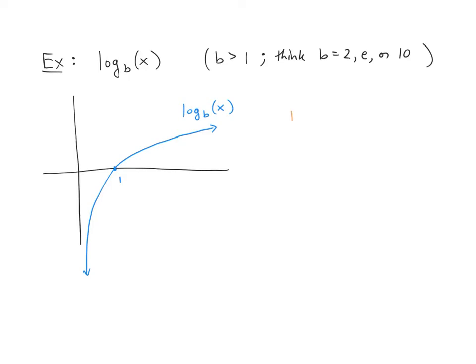So this function has a domain from 0 to infinity, open interval 0 to infinity, and the limit as x approaches 0 from the right of log base b of x is equal to negative infinity. Okay, so we see an infinite limit for this non-algebraic function here.